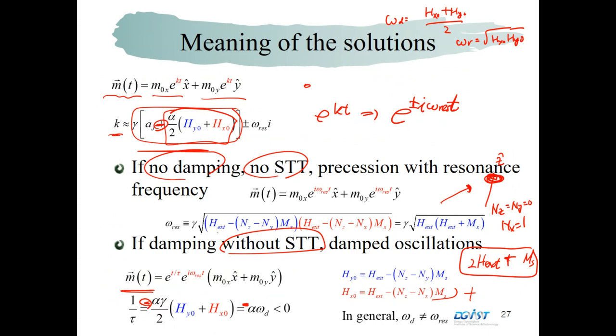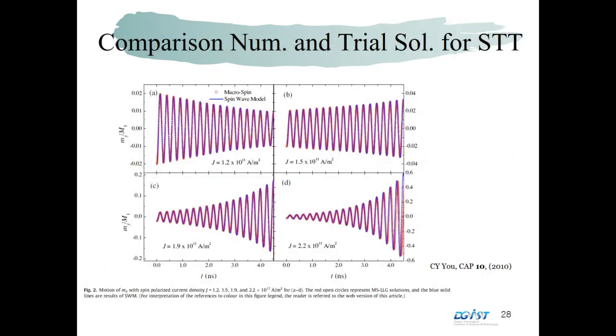So this should give a damping. That means this is some kind of oscillation. As you see here, it's a damped oscillation. And this is some numerical solution with the STT.